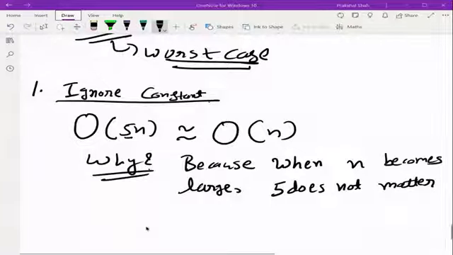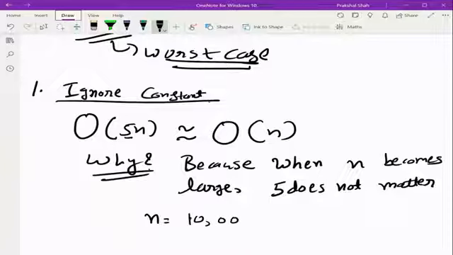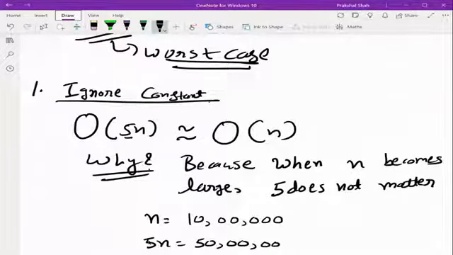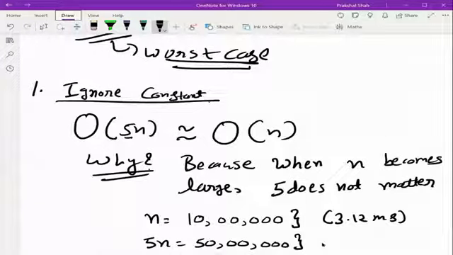There can also be a scenario like this: if my n is equal to, right now, this, so my 5n would be like this. If running this particular n takes me 3.12 milliseconds, and running this input takes me 3.19 milliseconds, then can I say this constant would be ignored?